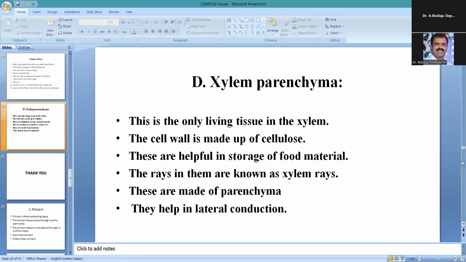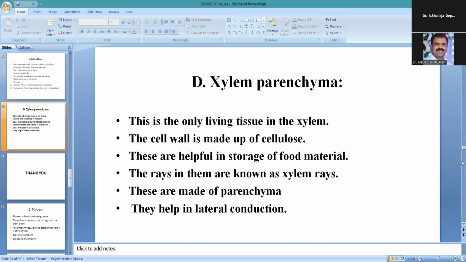But the xylem parenchyma is the only living tissue in the xylem. Please remember this, very very important. The cell wall is made up of cellulose. These are helpful in storage of food material. The rays in them are known as xylem rays. These are made up of parenchyma. They help in lateral conduction.